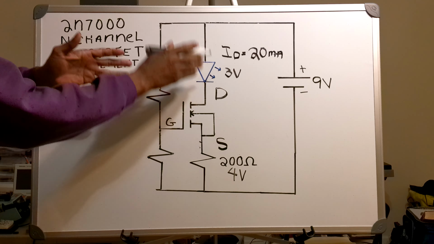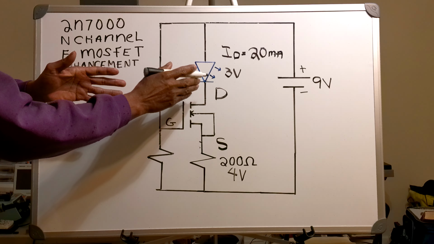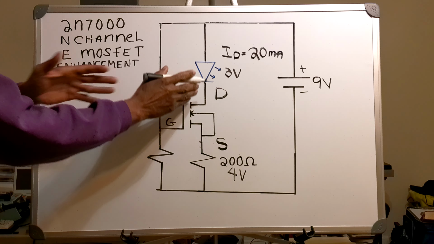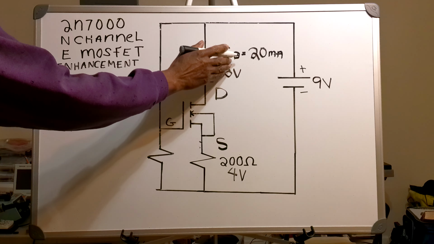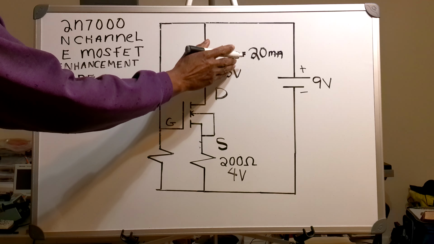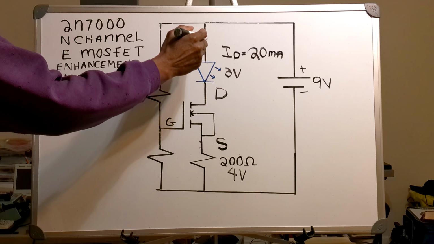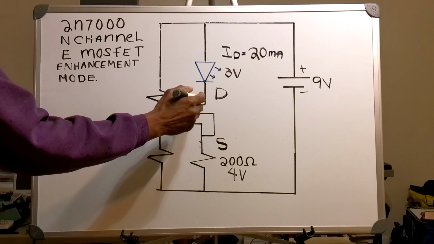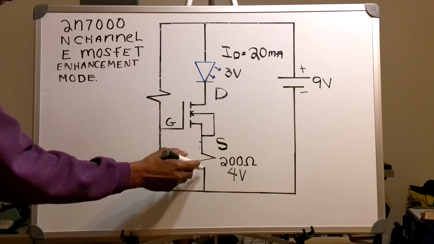Okay, so now I've got my 3-volt diode, and I already know that my current will be 20 milliamps. And I will have the 20 milliamps flowing through the drain and also flowing through the source.